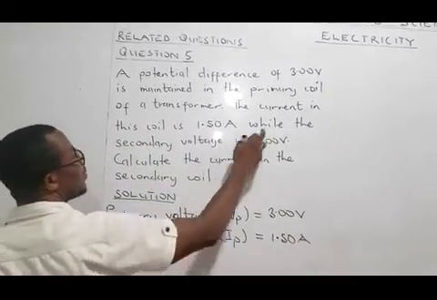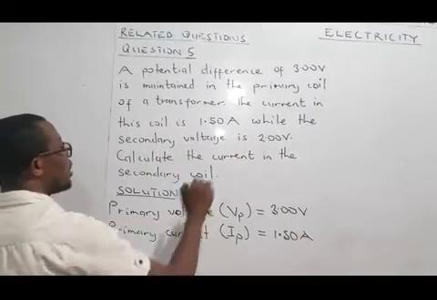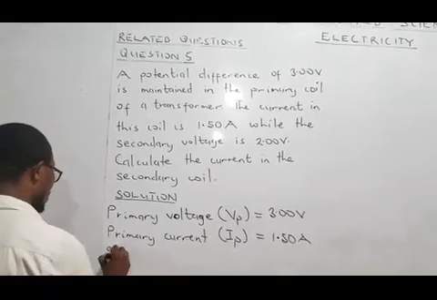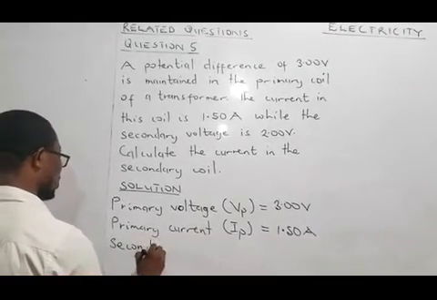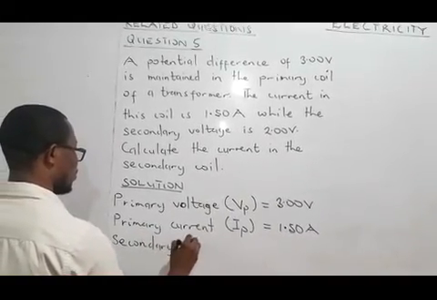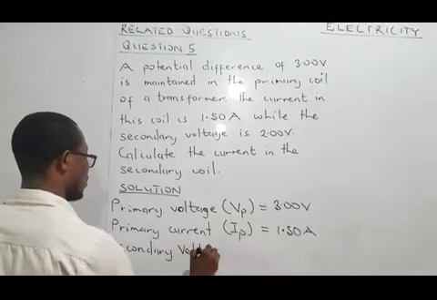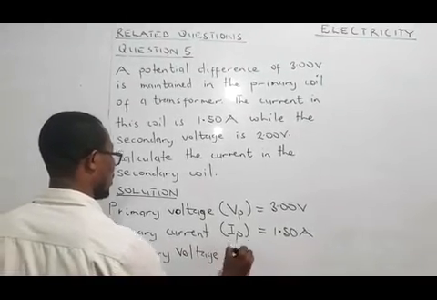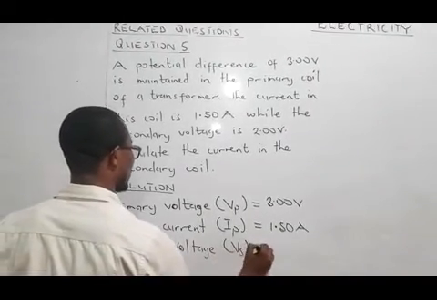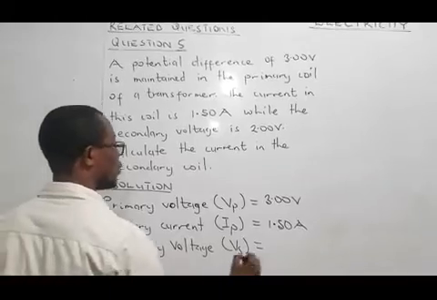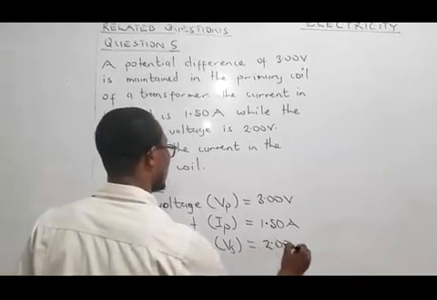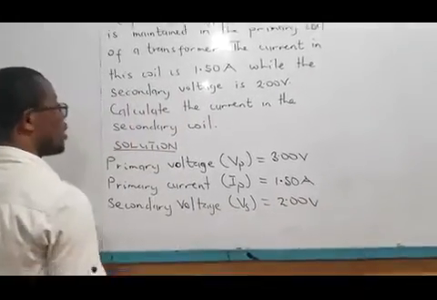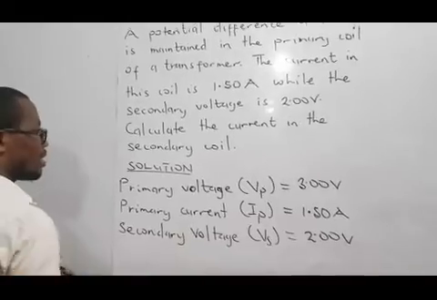And then it says while the secondary voltage is 2.00 volts. So we have secondary voltage Vs to be equal to 2.00 volts. And then the question is to calculate the current in the secondary coil.